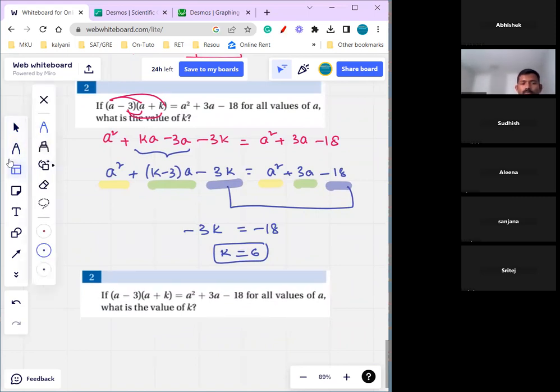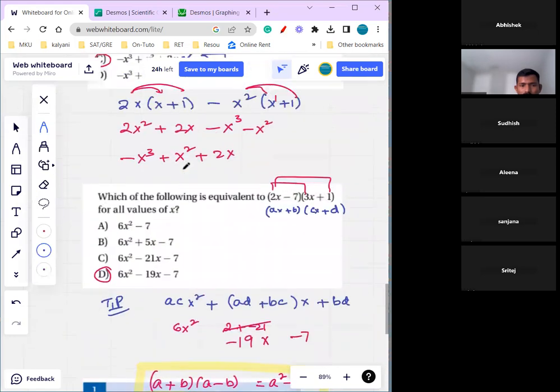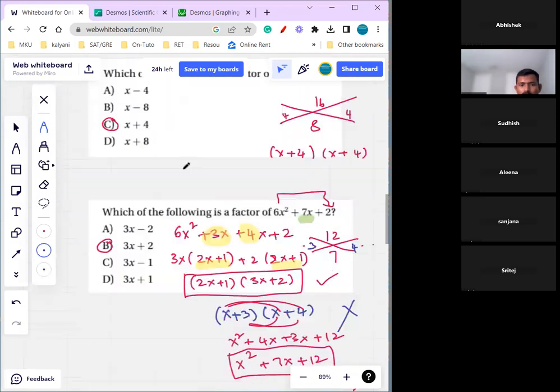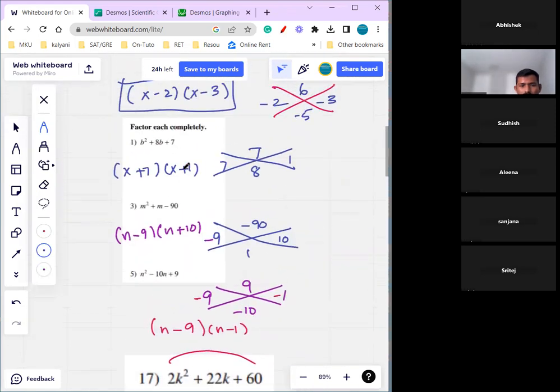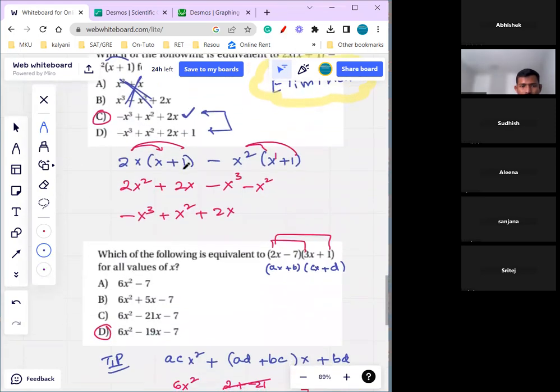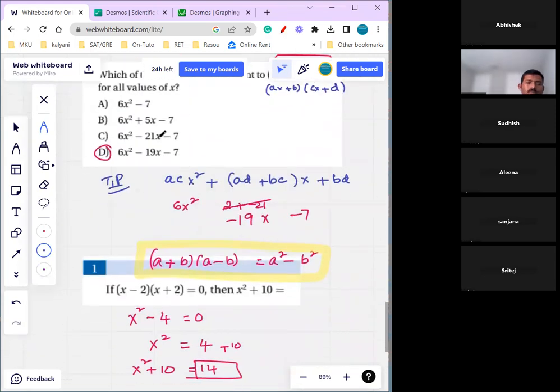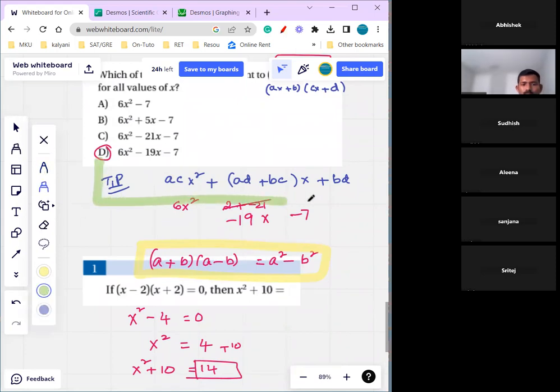If you remember, I gave you a formula here. Where is it? Oh, this one right here. Let me highlight this so you know. If you remember this technique, it's going to help you in a good way.